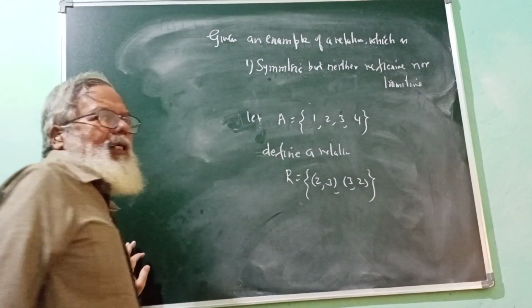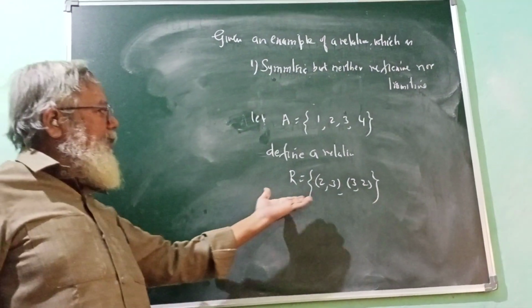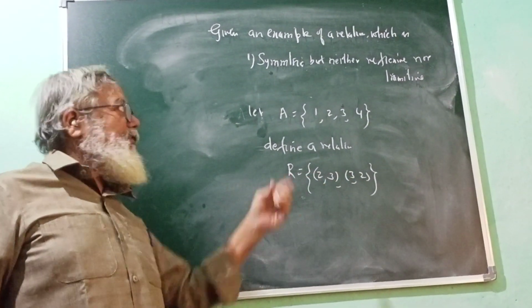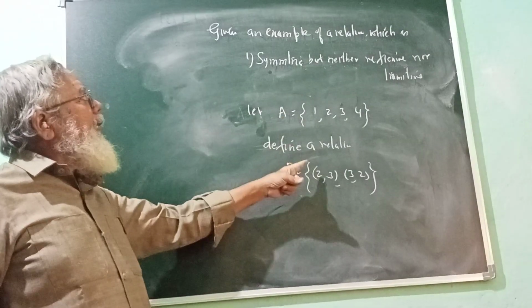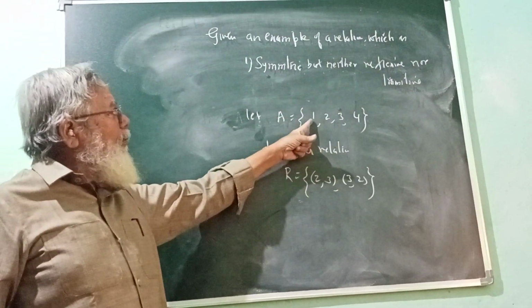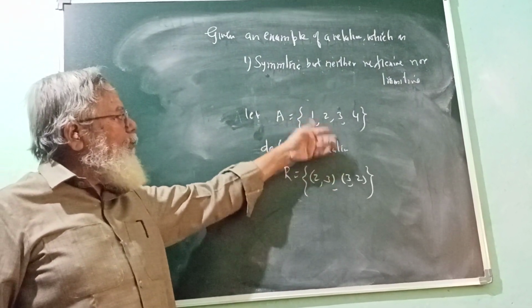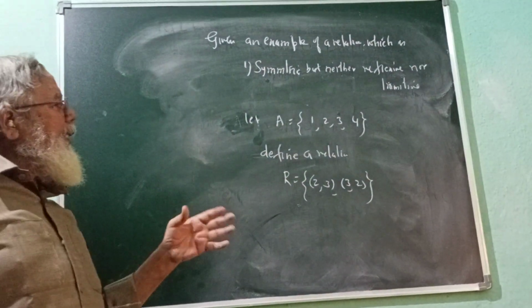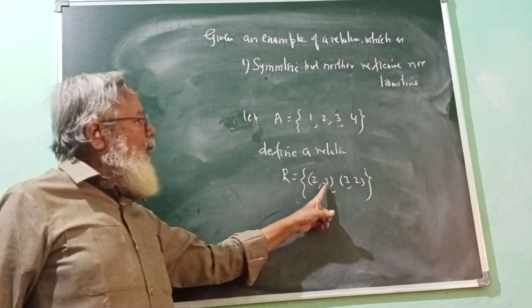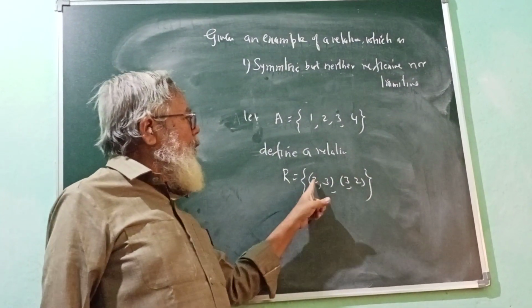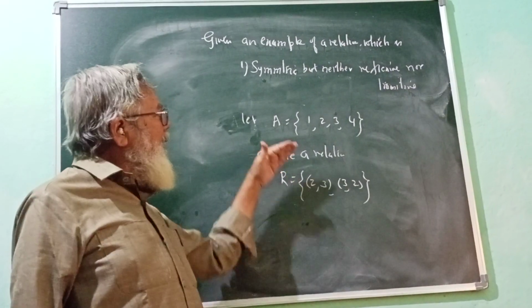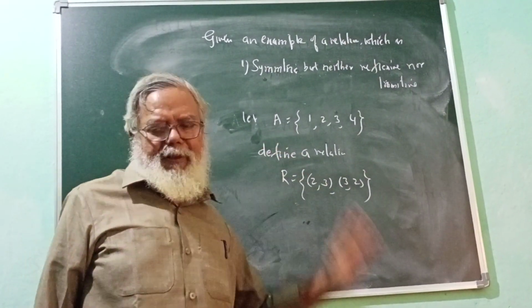Now you see this is the relation, (2, 3) is there and (3, 2). Therefore, it is symmetric. But it is neither reflexive, as 1 has no reflection, 2 has no reflection, 3 has none, and 4 doesn't have any. It is not reflexive. And for transitive, (2, 3), (3, 2), but (2, 2) is not here. Therefore, it cannot be transitive. If you write this much, that is sufficient.